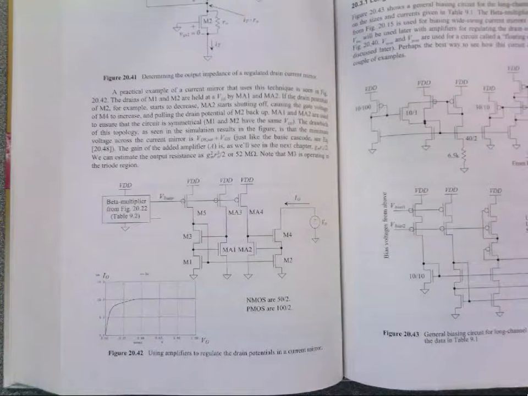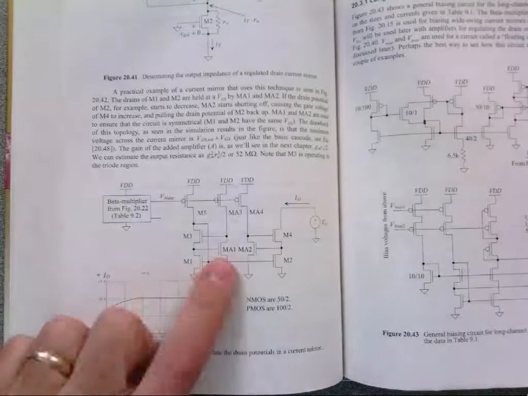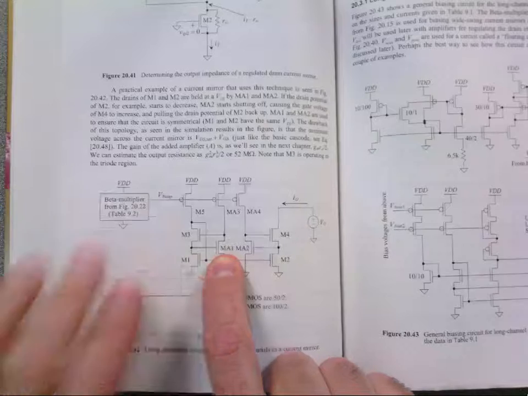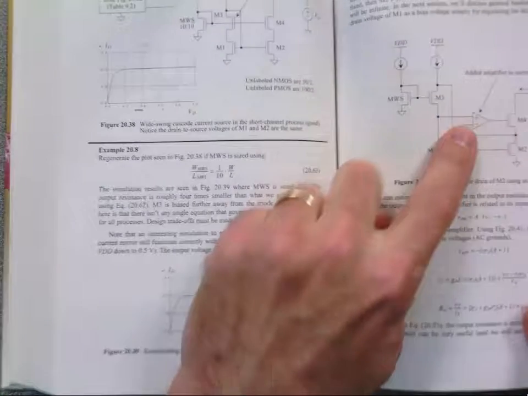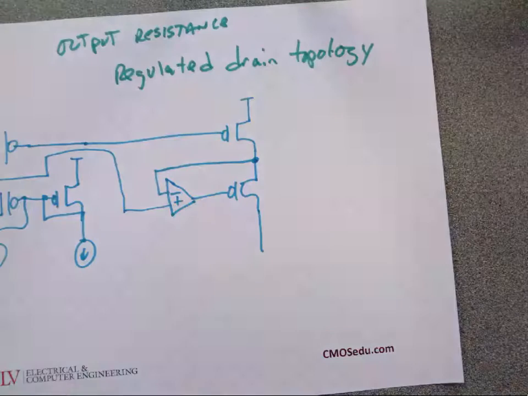I'm doing the equivalent schematic of the PMOS, but I'm saying that's instead of the amplifier symbol. So this MA1, that's this. Yeah. Okay. All right.